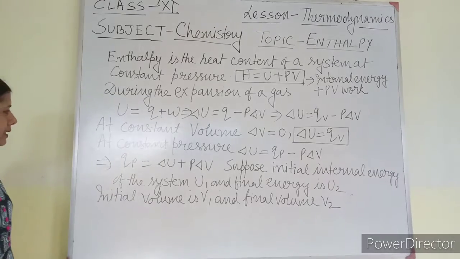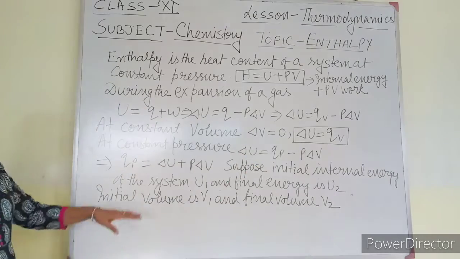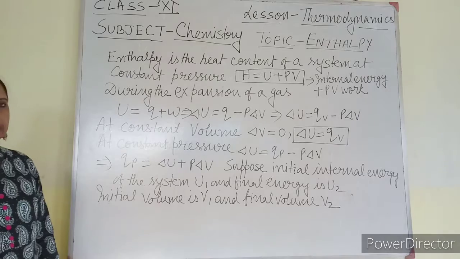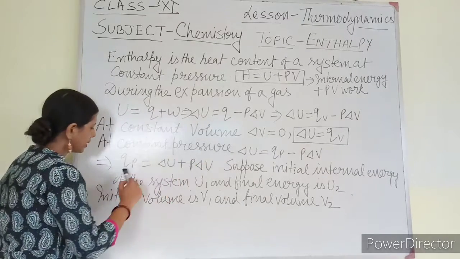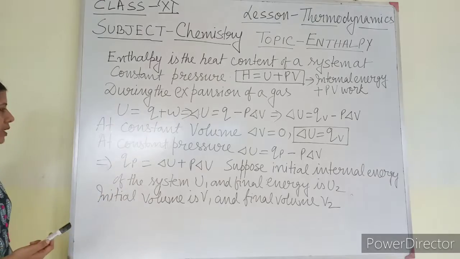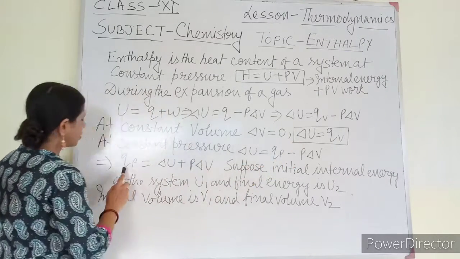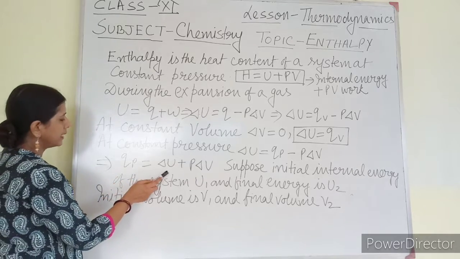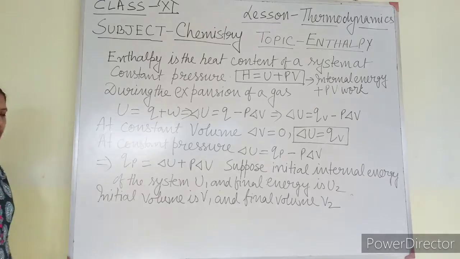So at constant pressure, I can write the equation like this, that is delta U equal to QP minus P delta V. Suppose I am bringing this term to this side. So I can write QP equal to delta U plus P delta V. Same equation written in a different way.